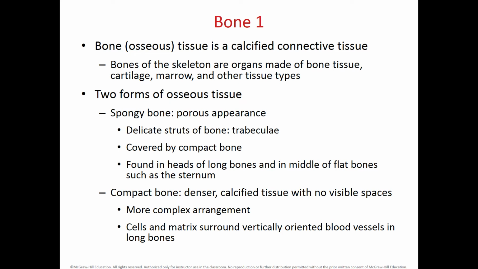Now in compact bone, as I mentioned before, you have no visible spaces, so you have the cells close together, and you have a lot of calcium salts. This is more complex than the spongy bone, and you have cells and matrix that surround vertically oriented spaces where you have blood vessels running along long bones.